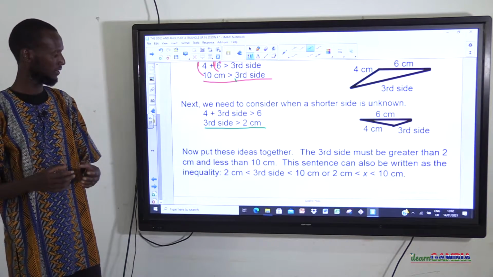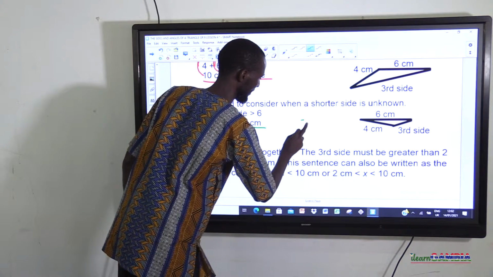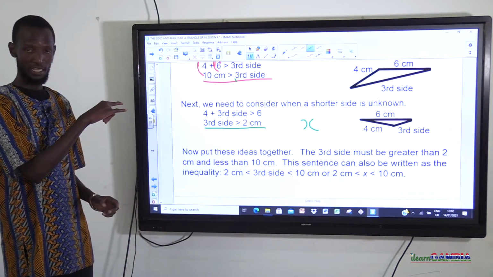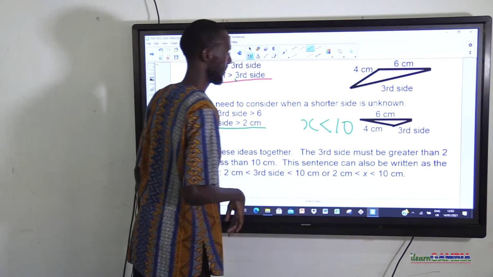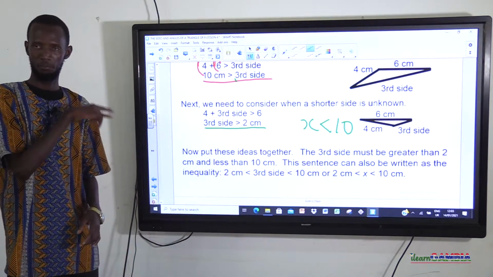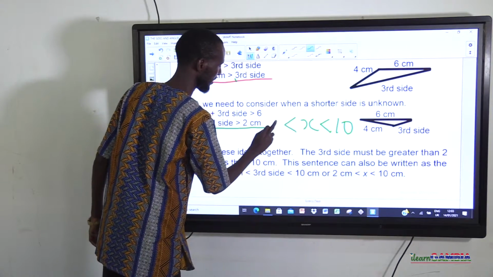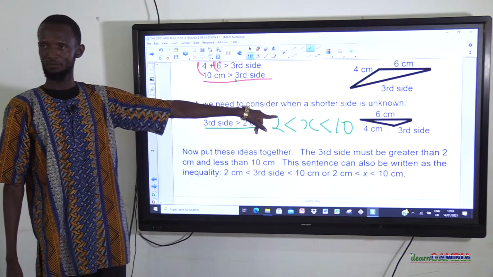So if the third side is less than 10, but the same third side is greater than 2, if we put that together, assuming that our third side is x, that x has to be less than 10. All right? But that same third side has to be greater than 2. So that becomes your inequality.